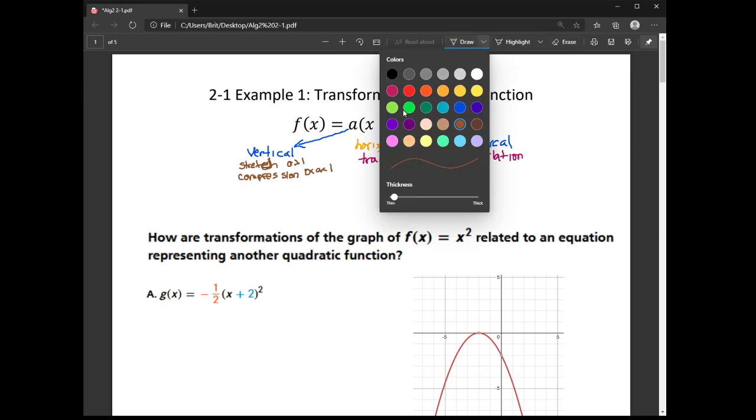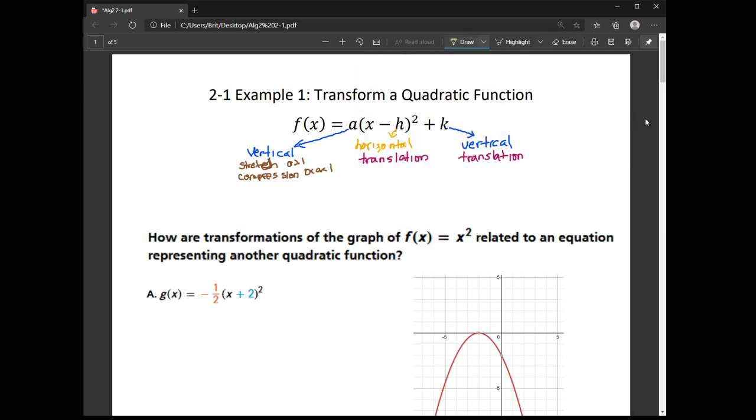Now the a also has another job. The a can also reflect. So if a is negative, you will have a vertical reflection as well. Alrighty.